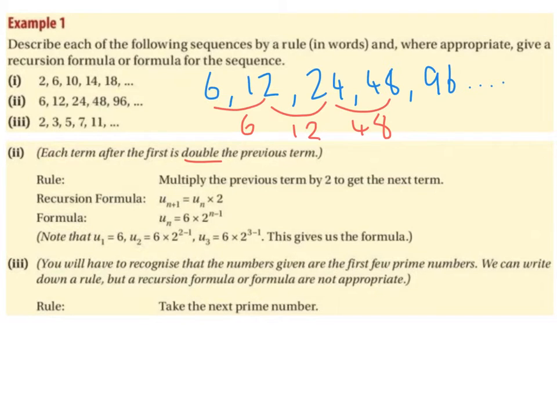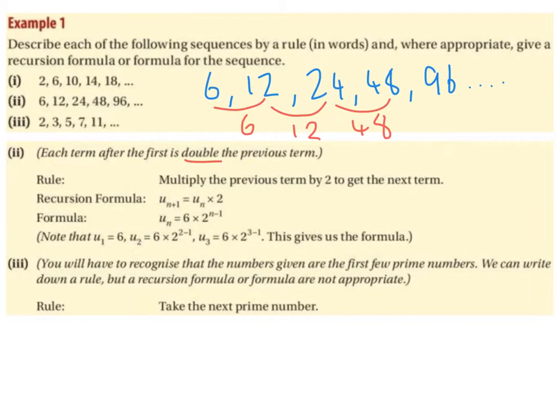So the formula for that, un, is going to be 6 times 2 to the power of n minus 1. So 6 being the first term, and each time we're multiplying it by 2 to the power of n minus 1. So for example, the first term would be 6 times 2 to the power of 1 minus 1. 1 minus 1 being 0, and 2 to the power of 0 is 1, so 6 by 1 would give us 6. So U1 is 6.